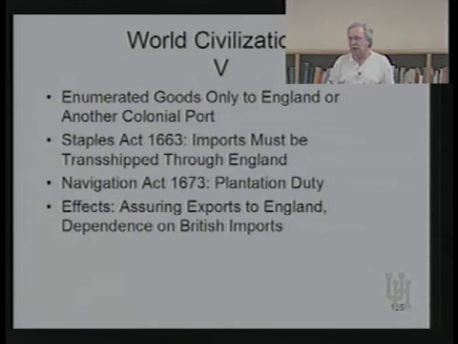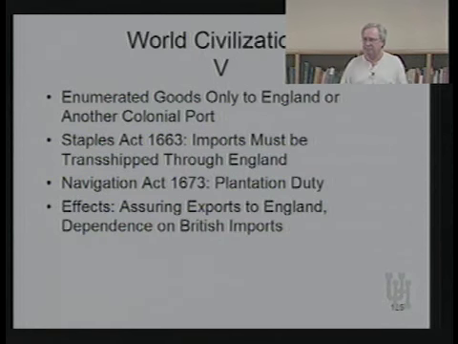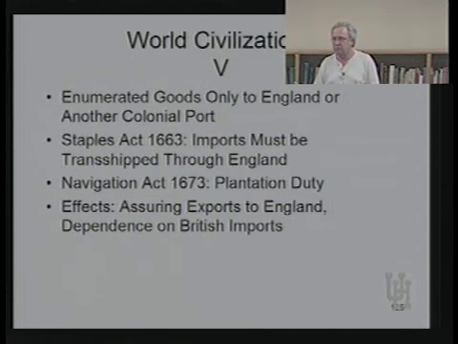The Navigation Act of 1673 established a plantation duty. That was a tax on plantation products, like tobacco, indigo, eventually cotton. Any crop that was being grown in large amounts commercially for international trade had to pay a special tax.